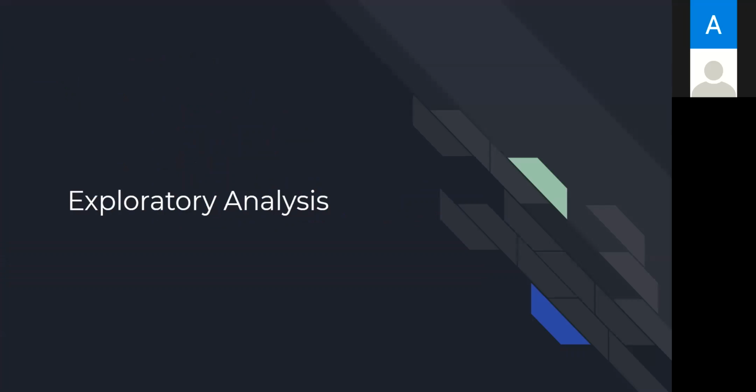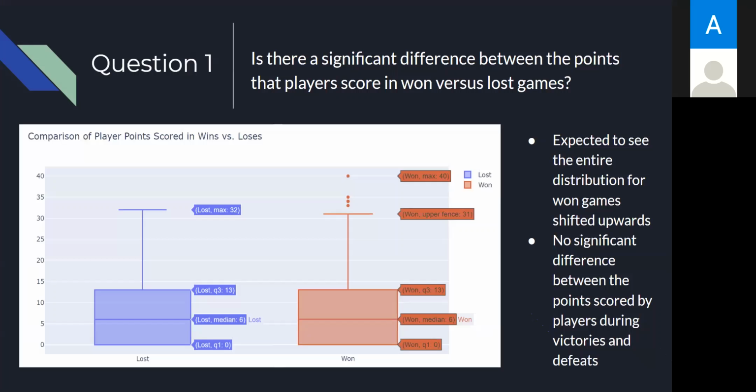So for exploratory analysis, the first thing we started out by doing was looking at points, because at the end of the day, points are the most important statistic, because the more points you get, you win the game. So we decided to make side-by-side box plots of points scored by players in the games that they lost versus games won.